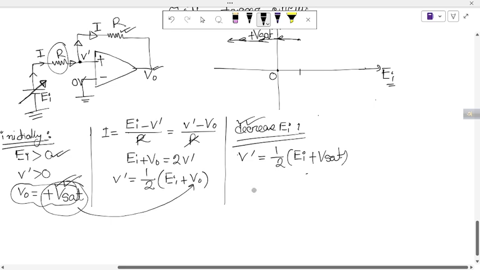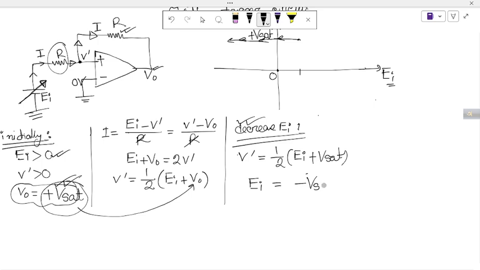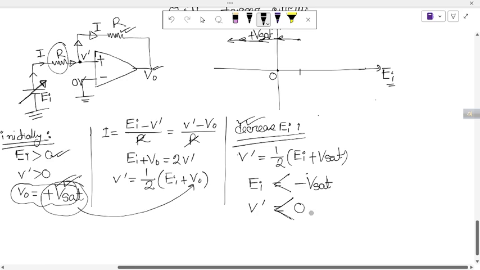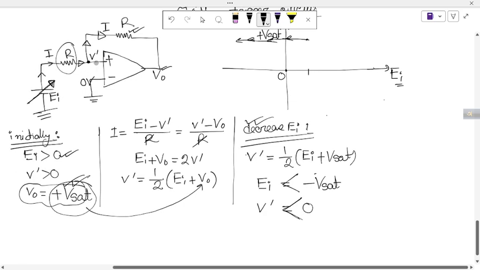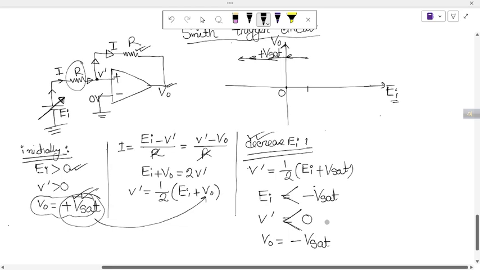After decreasing EI, at the moment EI is equal to minus Vsat, from this equation V prime is equal to 0. If I again decrease the input voltage, then EI will be less than minus Vsat and V prime will be less than 0. And if V prime is less than 0 in this circuit, the output voltage is equal to minus Vsat.